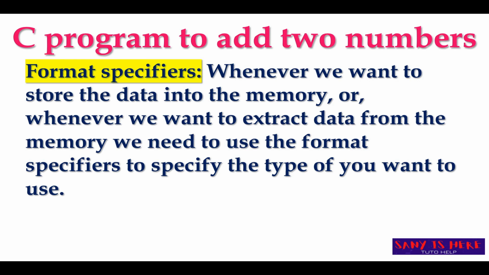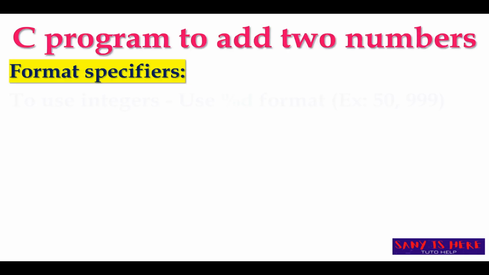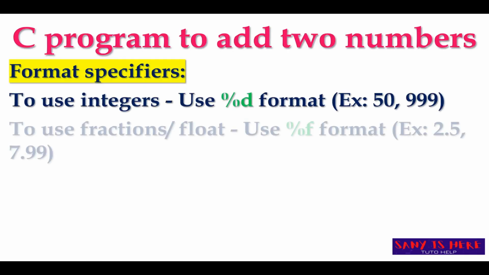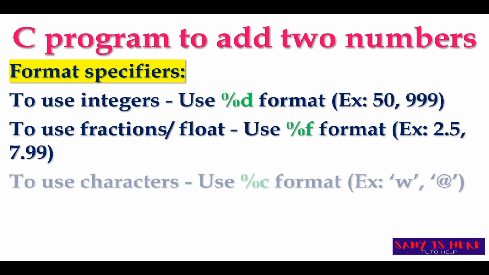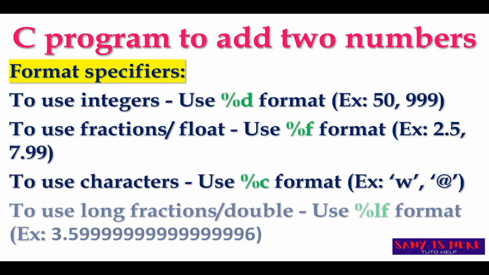Let us see what are the different format specifiers. To use integers you need the format specifier, that is %d. And to use fractions in the program, you must use %f format to specify it is a fraction value.